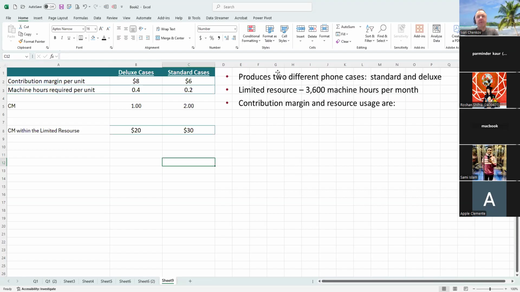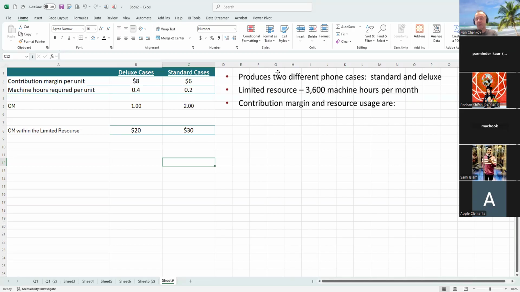That will be too difficult a way to do it in this case, because usually the question is going to give you demand, and the demand is not going to be related to 3,600 hours. In that case, the way you're going makes sense, but then you're focusing only on one product. Before you focus on one product, you have to find which product is more profitable.